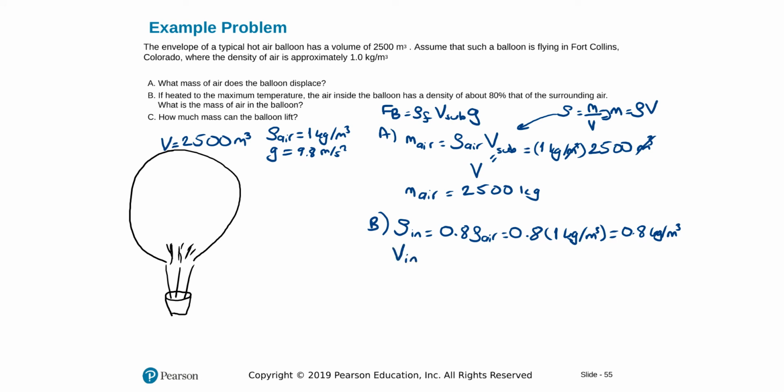Now V in still will be equal to V, so 2500 meter cubed, and we'll find the mass inside using again rho in times V in, 0.8 kilogram per meter cubed times 2500 meter cubed. And this will give us a mass of 2000 kilograms.